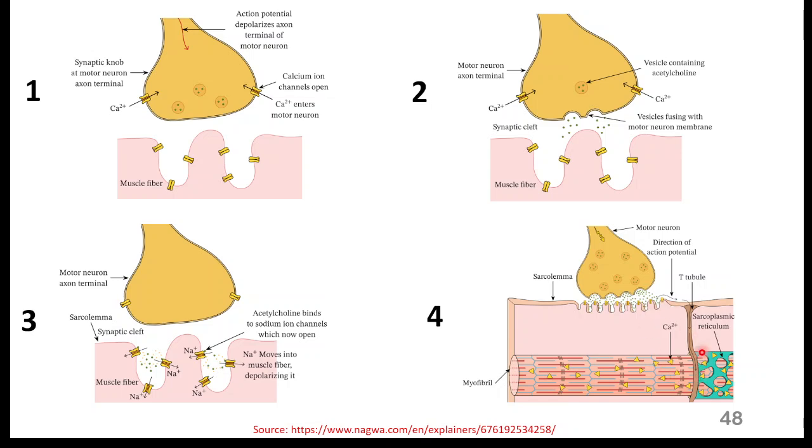Once this calcium is released, remember that for muscle to contract, the first step is that calcium must bind to troponin C. So this is where that calcium comes from, and it's a direct result of the action potential that comes down along the motor neuron, causing the release of acetylcholine.